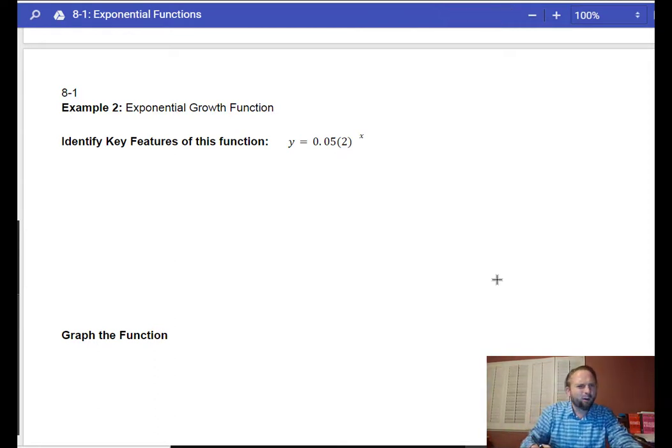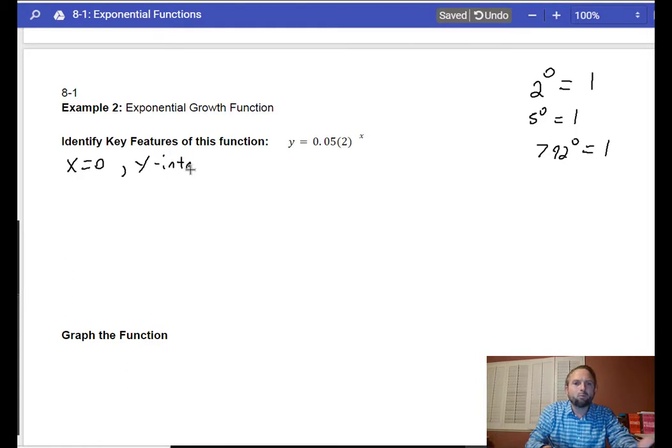If you remember your power rules, anything to the 0 power, so for example, 2 to the 0 power, that's equal to 1. 5 to the 0 power, that's equal to 1. 792 to the 0 power, that's equal to 1. Now, if you remember, when x is 0, that's going to be the y-intercept. Okay, well, what does that mean? Well, that's where it hits the wall. And that's where, hey, look, here's the wall, it's going to hit right here.